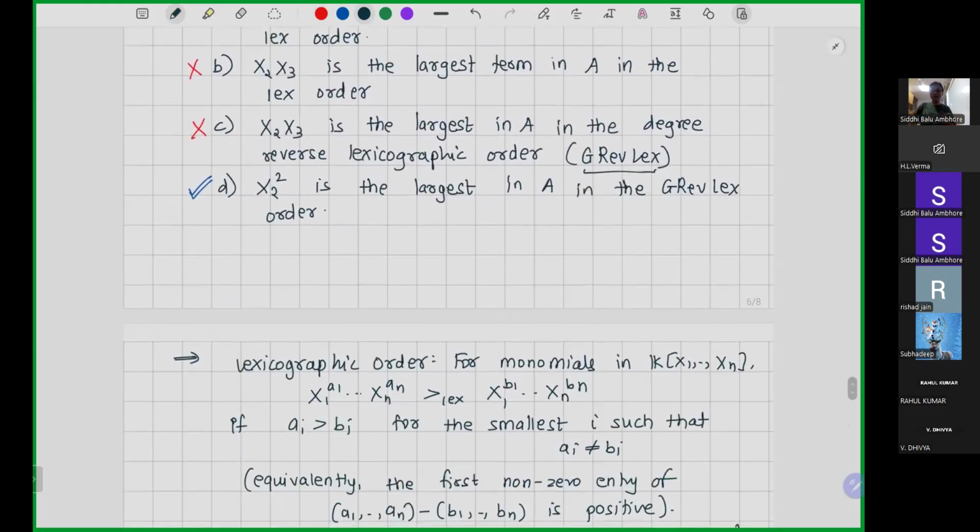You can also check this in Macaulay 2. You can give these monomial orders in Macaulay 2. So I will again share my screen and show you how we can give these monomial orders to a polynomial ring in Macaulay 2. Okay, so let me share my screen again.